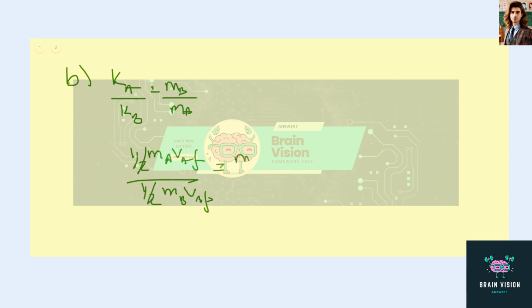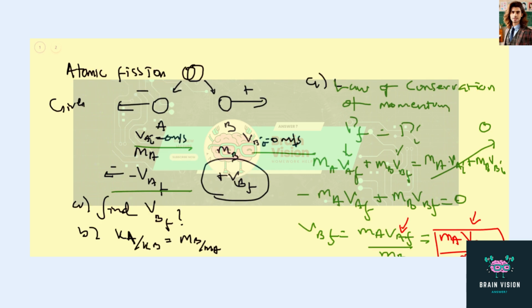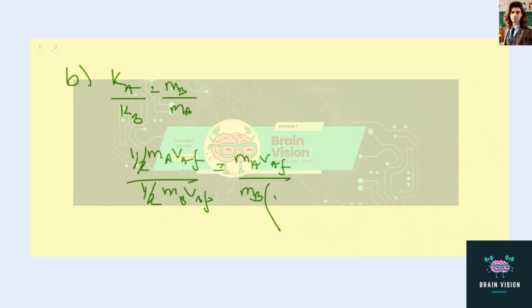VB final is equivalent to MA VA final over MB, so we substitute that in. And since it's kinetic energy, the velocity has to be squared, so this is going to be squared and that's going to be squared.